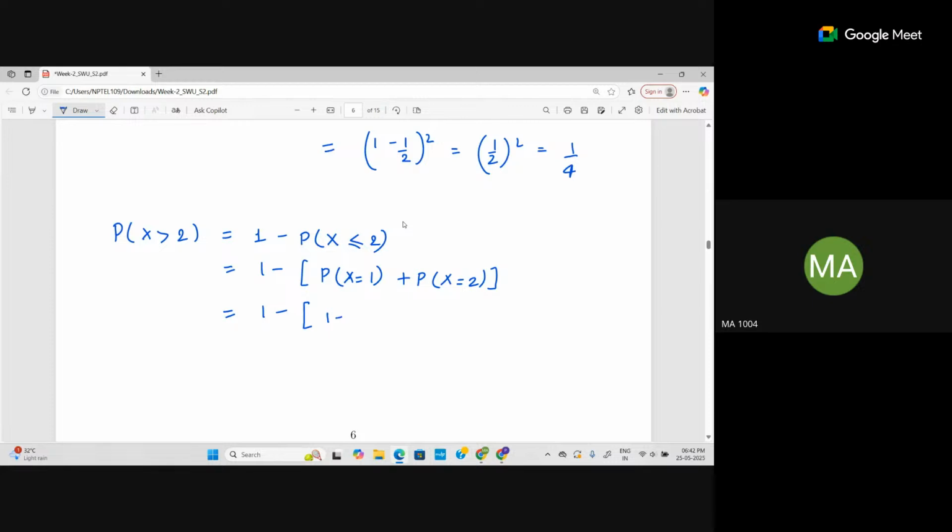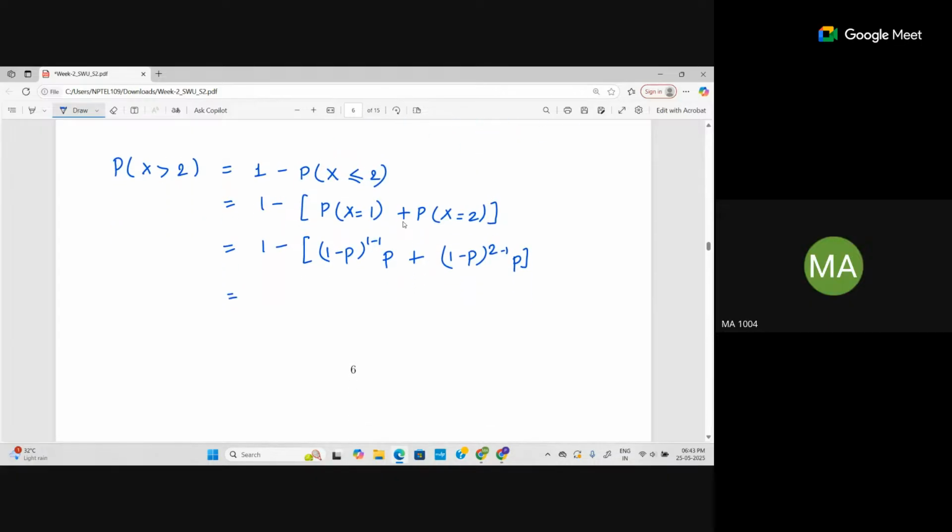This will be (1 minus p) to the power 1 minus 1 into p, plus (1 minus p) to the power 2 minus 1 into p. So this becomes (1 minus p) to the power 0, which is 1, so simply p, plus (1 minus p) to the power 1 times p.